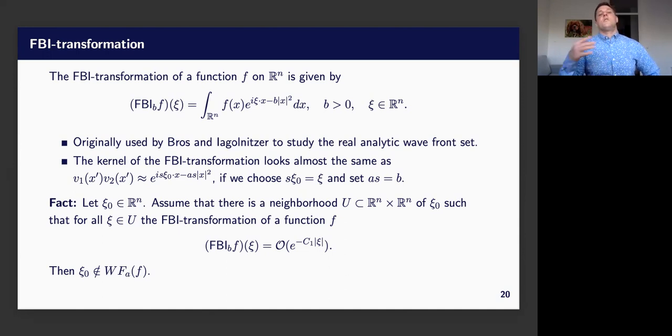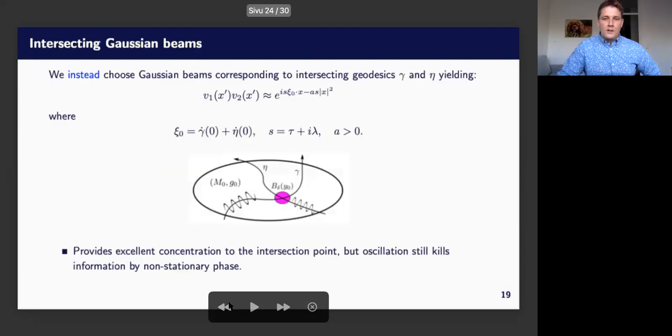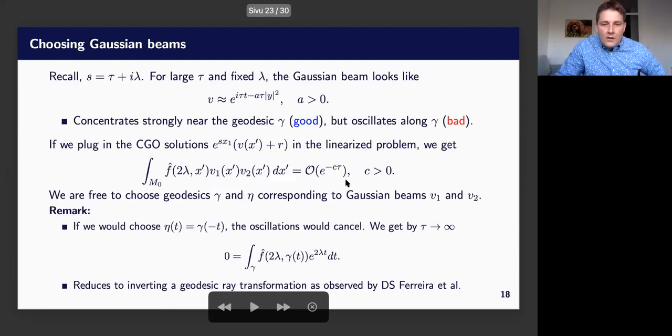So if you do it that way, you will have that this O has inside tau to the power minus capital K, where capital K can be anything. So in a sense it's polynomial decay to arbitrarily high order, but it's not exponential decay in tau.